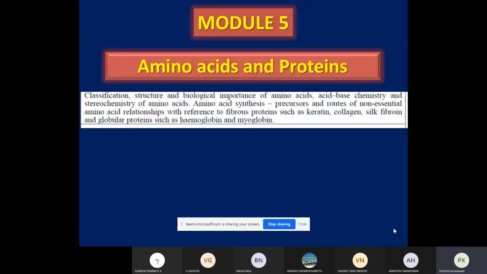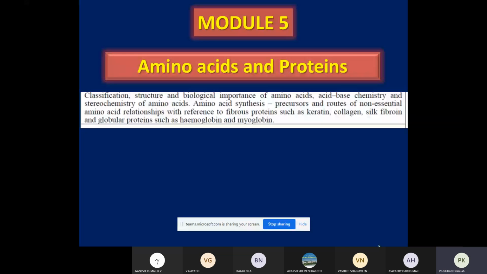Continuing with the previous class, where we discussed glycosaminoglycans and glycoconjugates, mainly proteoglycans. In glycosaminoglycans, we discussed the structure and properties of hyaluronic acid, chondroitin sulfate, keratan sulfate, dermatan sulfate, and heparan sulfate.